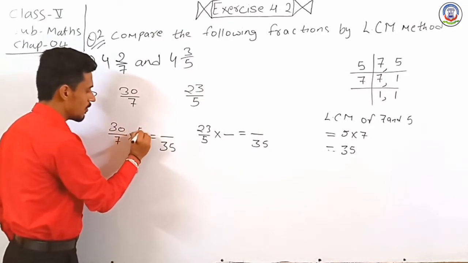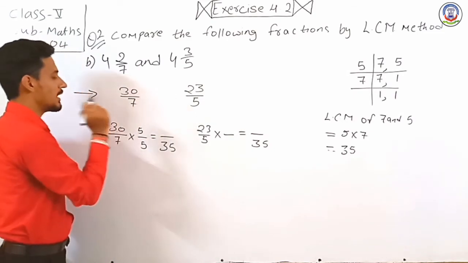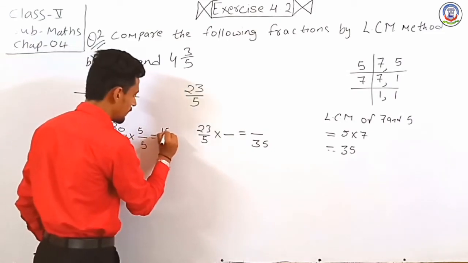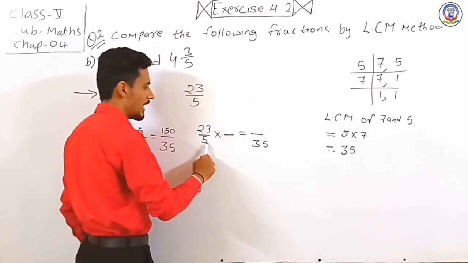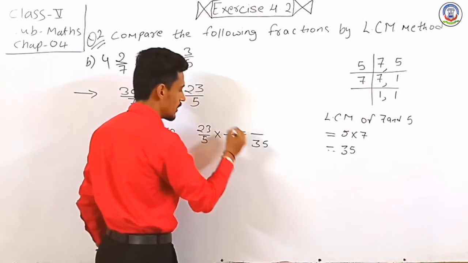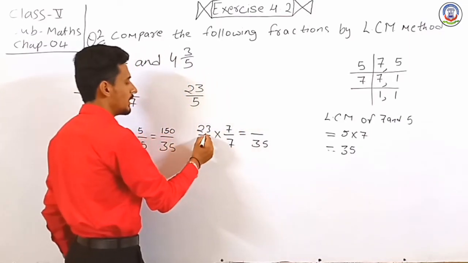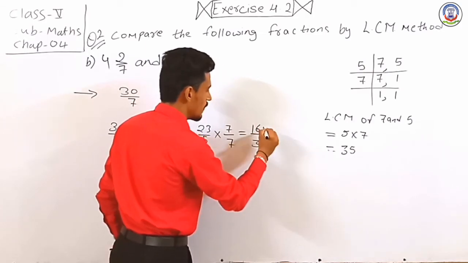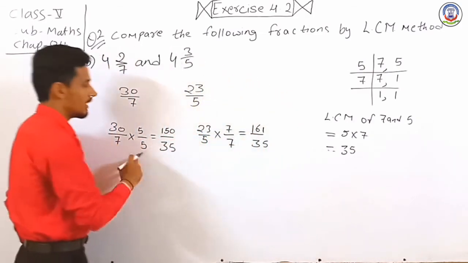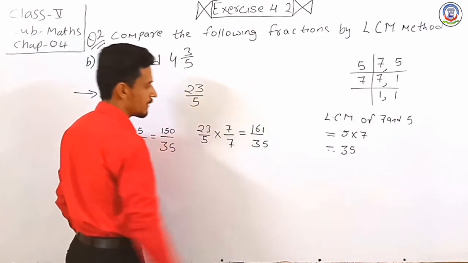So here also 5. Now 30 multiplied 5 is 150. Here also 35 divisible by 5 and it comes 7 times. So here also 7. Now 23 7 times is 161.